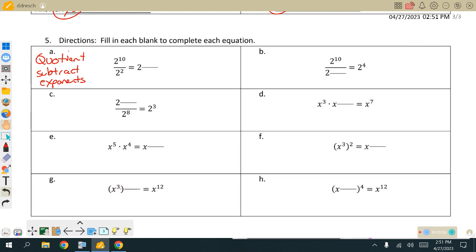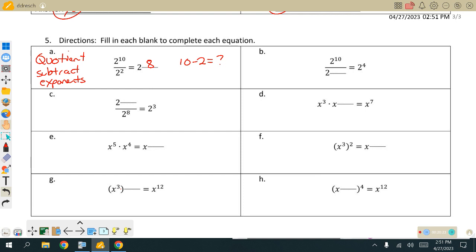We start off with the 10, and we divide by 2 to the second. So what is 10 minus 2? Correct. Lyric said 10 minus 2 is going to give me 2 to the 8th right there. That's literally it. Now, letter B is a little bit different.